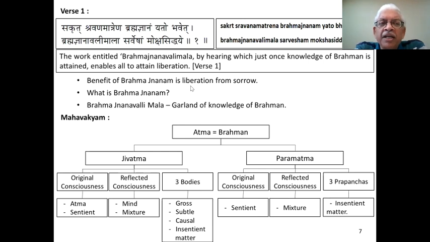So, in order to understand the Mahavakyam, I have just put a small chart here, so that when you understand this chart, then only you can go and try to fit in the verses, what is what. So the first thing we must note is we are talking about two factors. One factor is not changing.